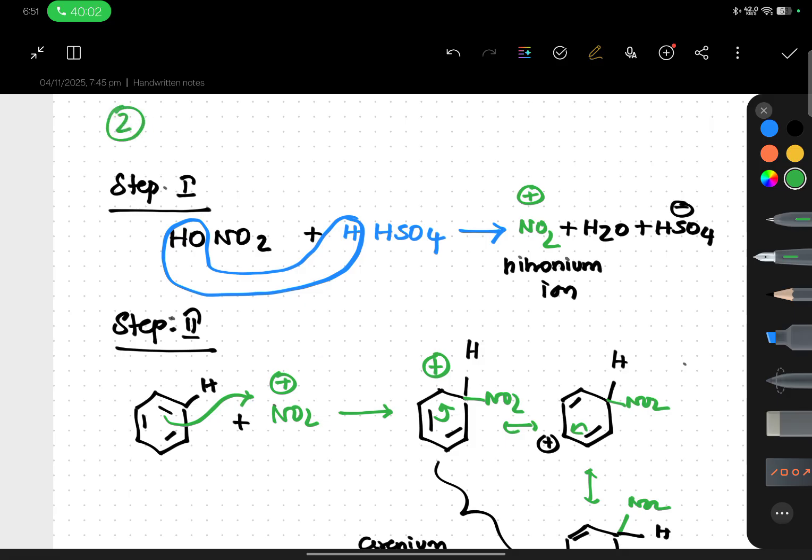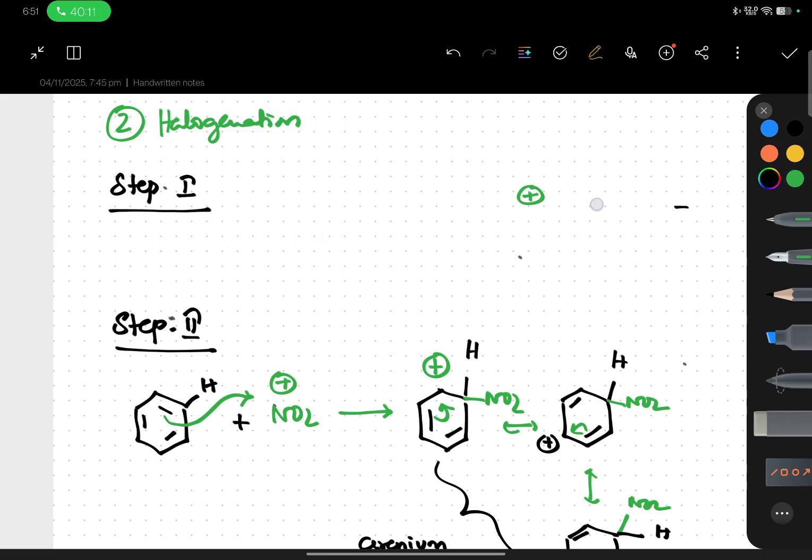Very good. It is called halogenation. So what is step 1? Same, nothing is going to change. Step 1 is generation of electrophile.